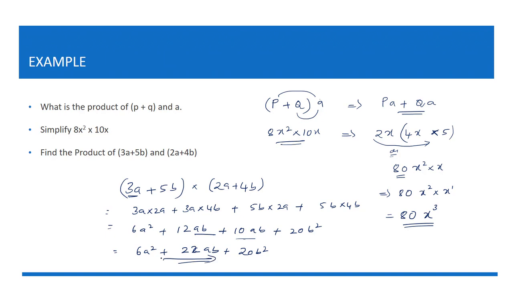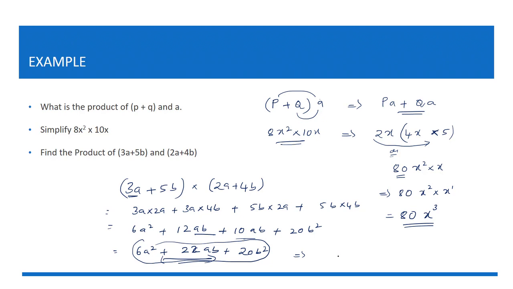So this is going to be the answer. Still, if you want to simplify, you can take 2ab as a common factor, but it is more than sufficient, I think, for this particular point.